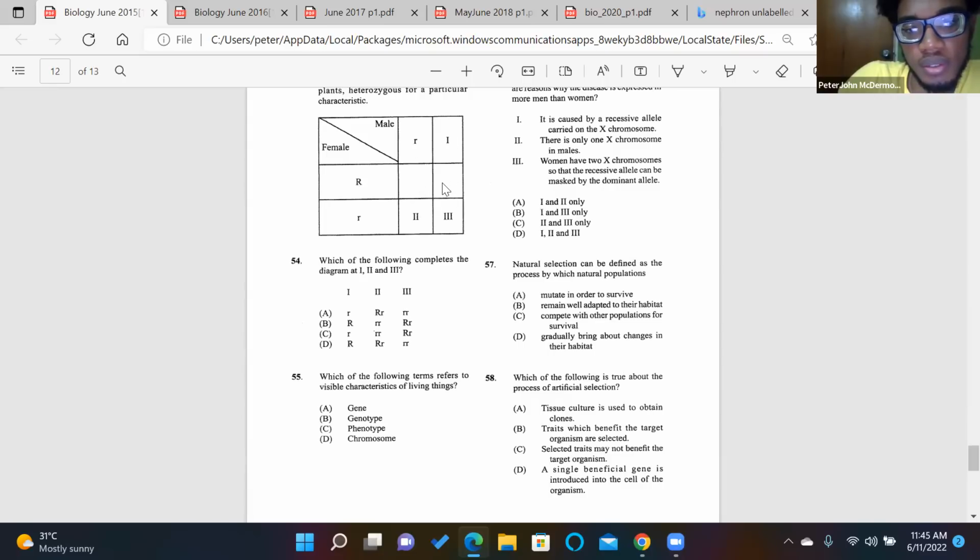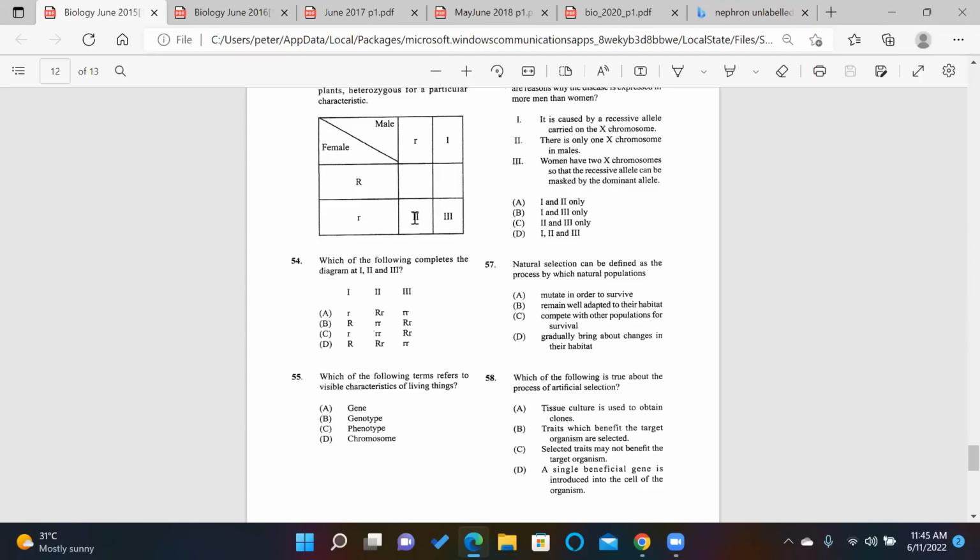Let's look at 1. So what goes here? All right, let's do that one last. What goes here? It's the 2. Let's do 2 first. RR.